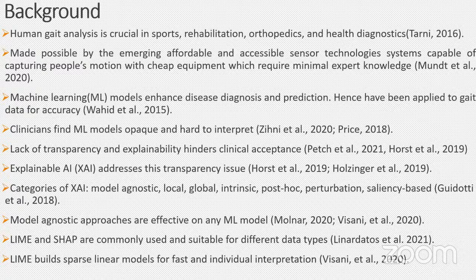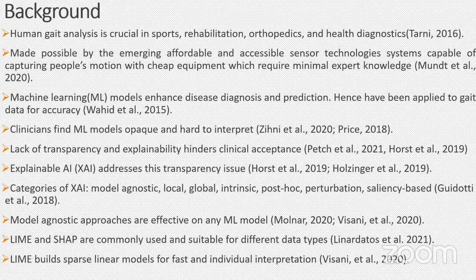Through this, you can diagnose diseases and see if there is any problem with our motion or locomotion. Machine learning models have also been used to enhance disease diagnosis and prediction, and recently they have been applied in human gait analysis for accuracy.